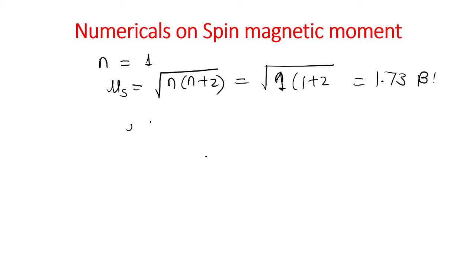The unit is BM, Bohr magneton. So if we know the number of unpaired electrons, we can calculate the spin magnetic moment.